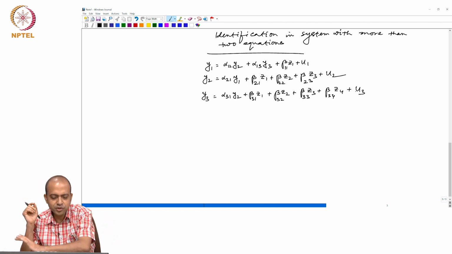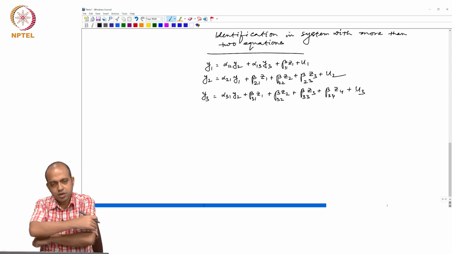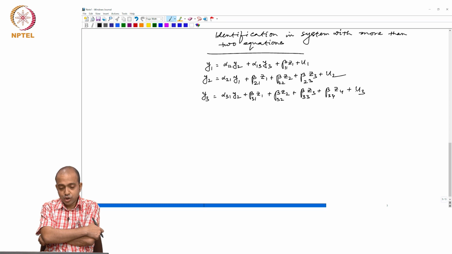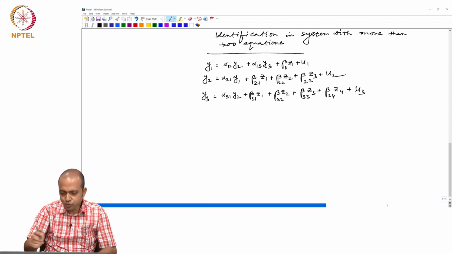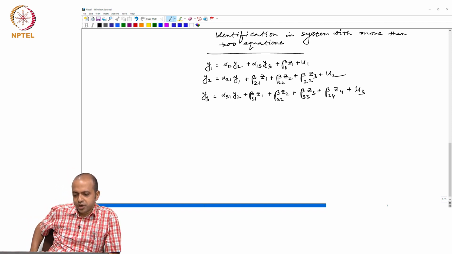Now, when we have 3 or more equations in a system, it is difficult to tell immediately which equation is identified, which equation is not. So, we need to find out some general condition of identification. First of all, if you look at the first equation, how many endogenous variables are there?